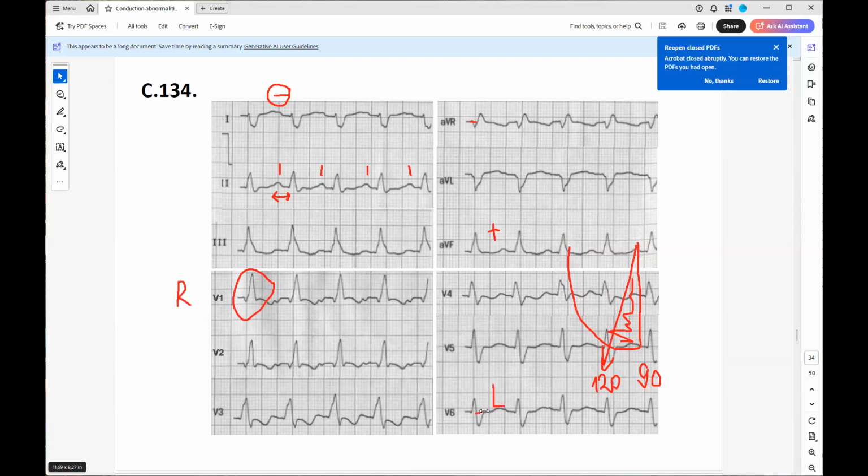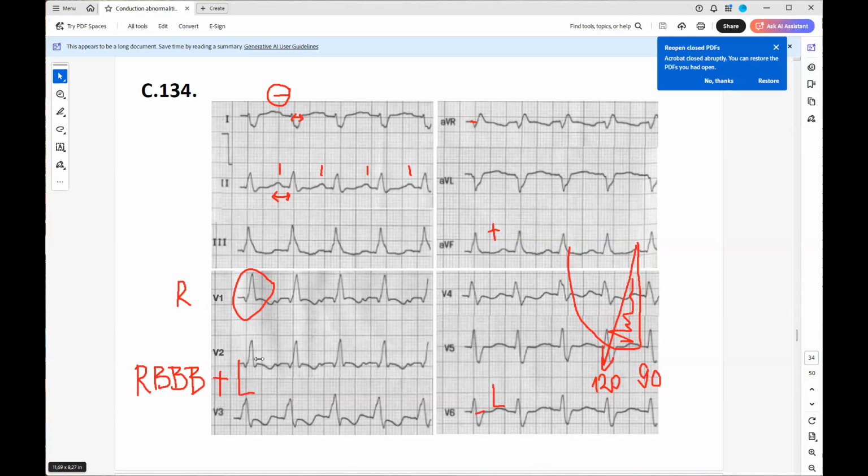Here you have a deep and wide S wave. See? Deep and wide S wave, okay? So this is a right bundle branch block. Correct. And we do see a right axis deviation.